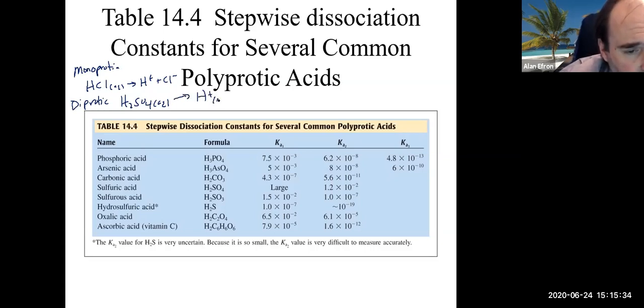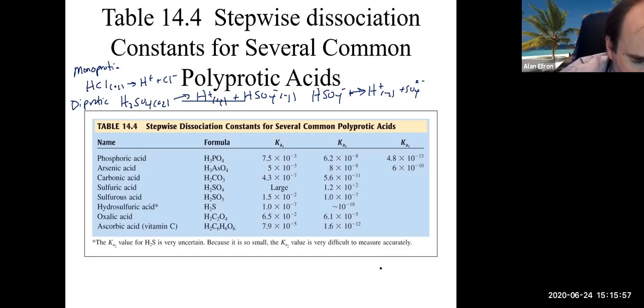The first thing that would happen is it would lose one H plus and make this. Then the next thing is that it would drop off another H plus and make another product, in a stepwise fashion. A triprotic acid is something like phosphoric acid, where it has three H's that can come off. Again, each of them comes off one at a time.